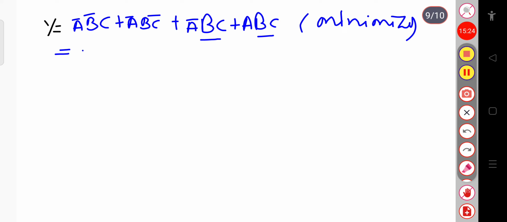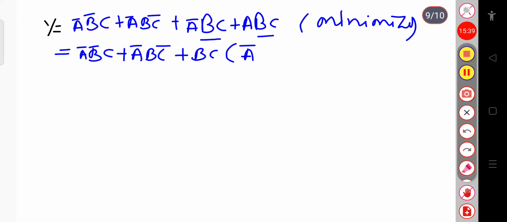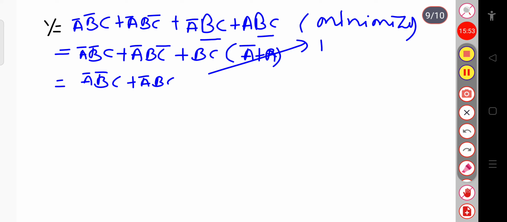The first term remains as it is, a bar b bar c plus a bar b c bar, and here we have taken common BC, that is why it is a bar plus a, this term goes to 1, and that is why it will be equal to a bar b bar c plus a bar b c bar plus BC.